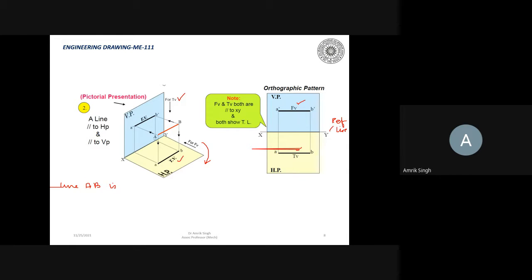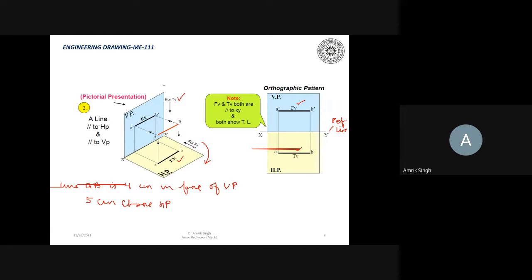Now if I say the line AB is 4 centimeter in front of VP and 5 centimeter above HP.